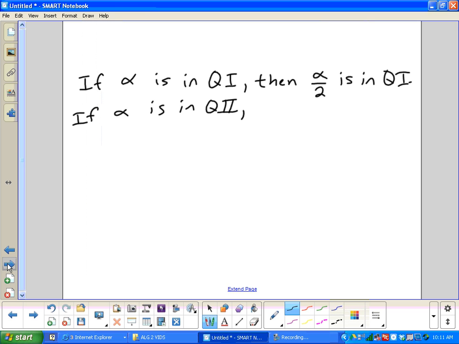Okay, so I'm going to do this. All right, now, what happened when alpha was in quadrant 3? Right, it went back to quadrant 2.